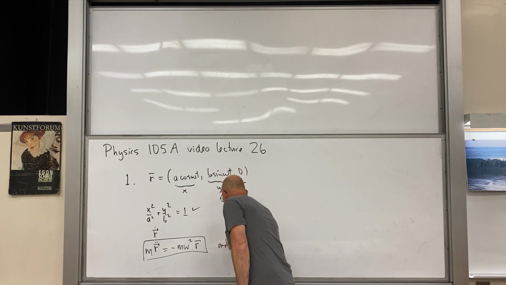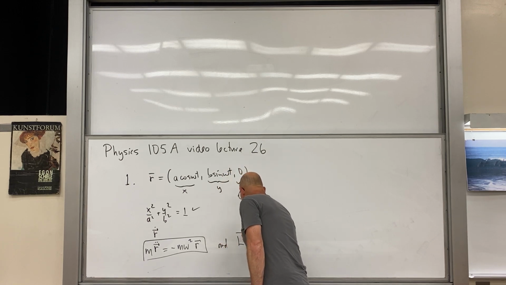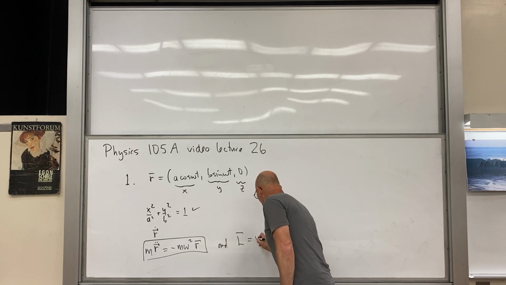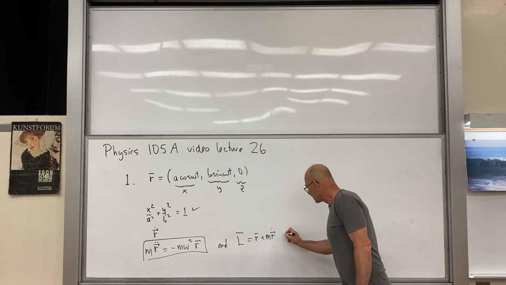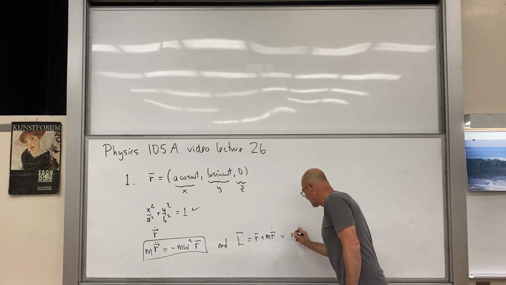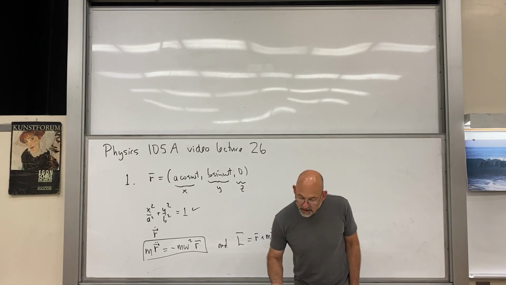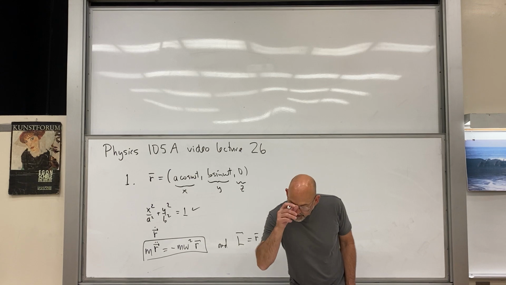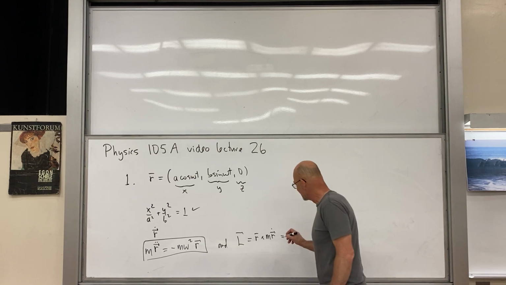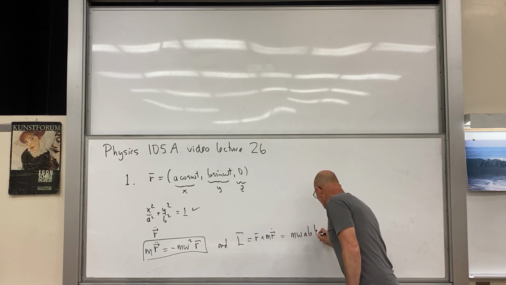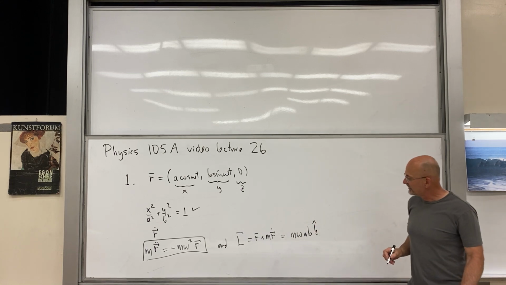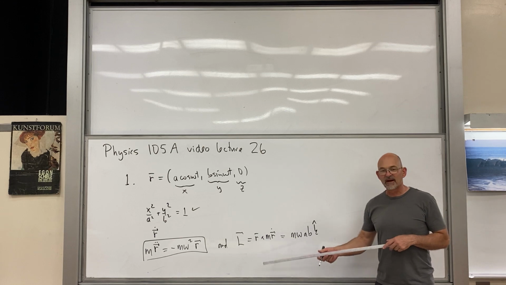And if you calculated L, which was r cross m r dot, you found m omega AB k hat. So that's interesting also. We haven't really talked about angular momentum yet.